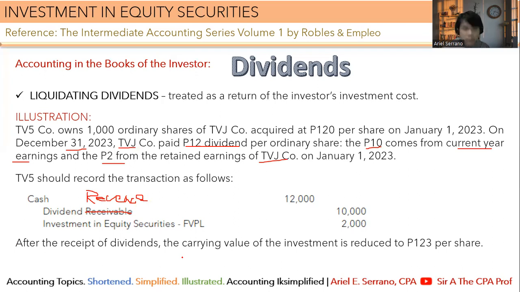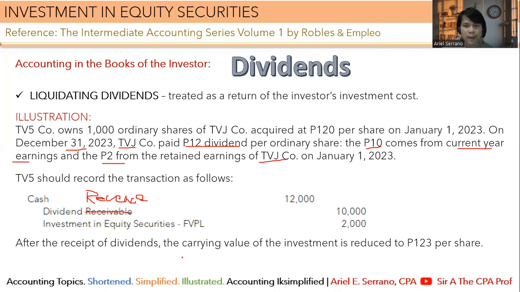Now, please take note, there are also instances when the dividends come from the balance of the contributed capital of the issuing corporation. And this is what we call the liquidating dividend. An investor records the receipt of such not as income but as a credit to the investment account.